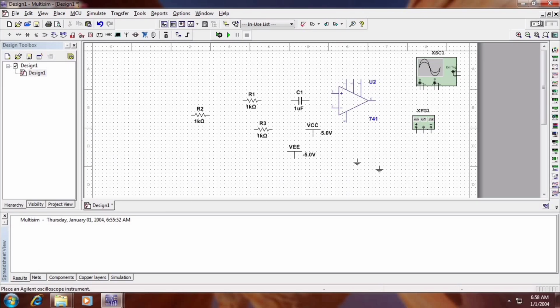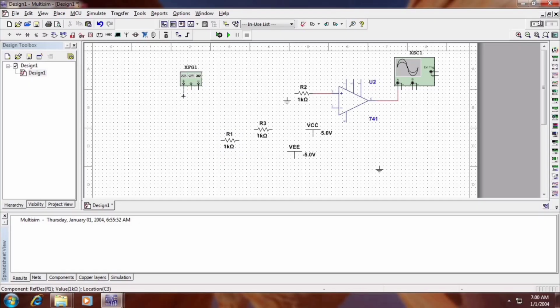Next I'm going to make the connections. So the output I'm going to give to A or B, whatever you want. Then from the plus side, connect to the 1K resistance, the R2 resistance.